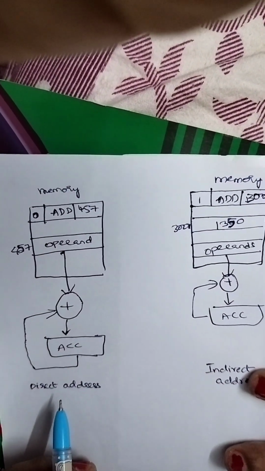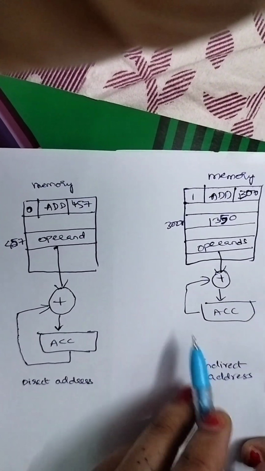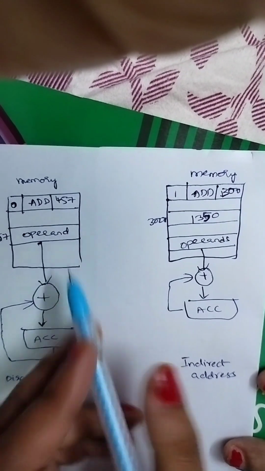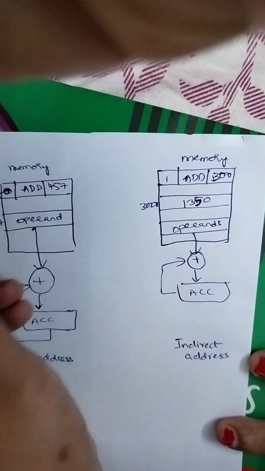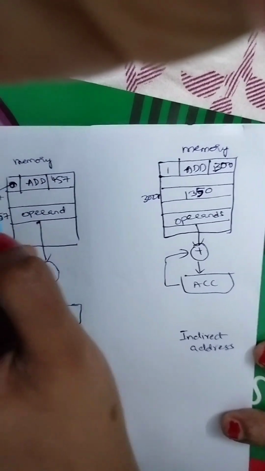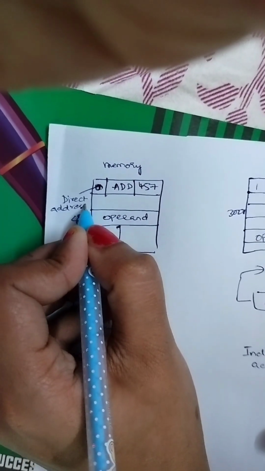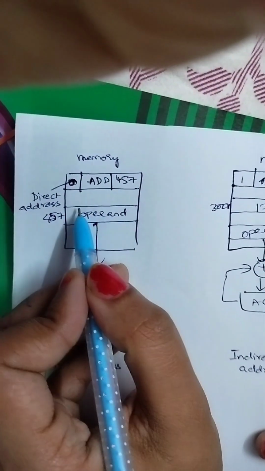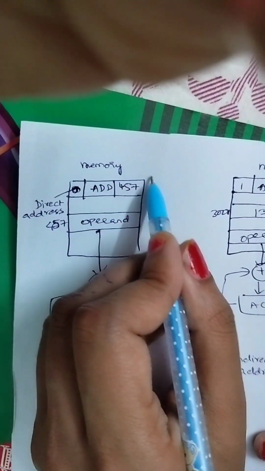Moving on to the demonstration of direct and indirect address. Here in the memory, it is 0. Hence, it is a direct address. If it is 0 and it is a direct address, we have the effective address.